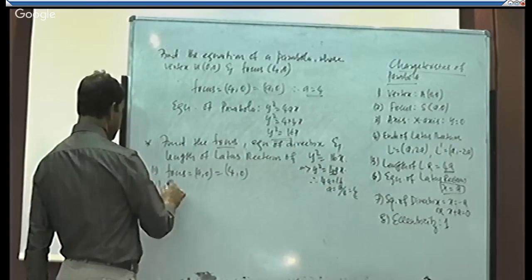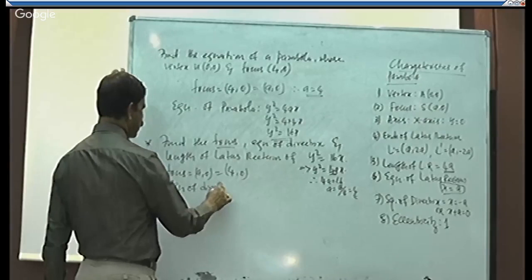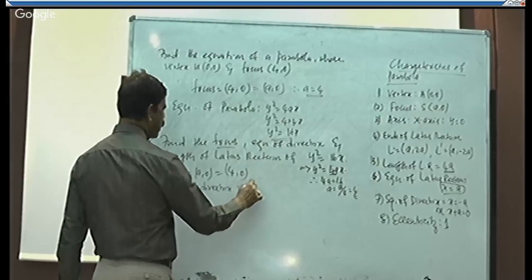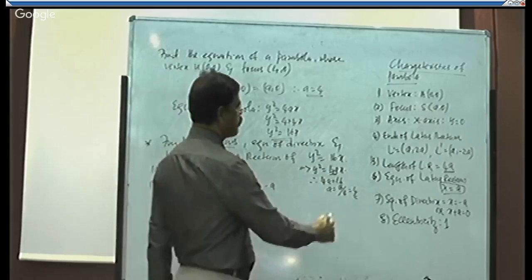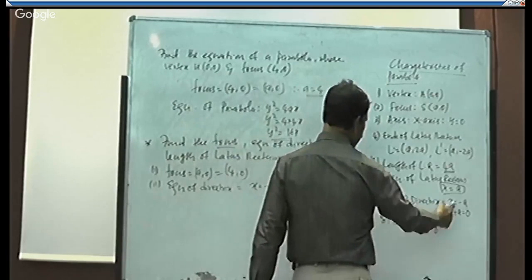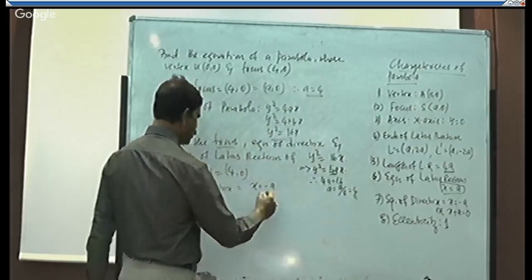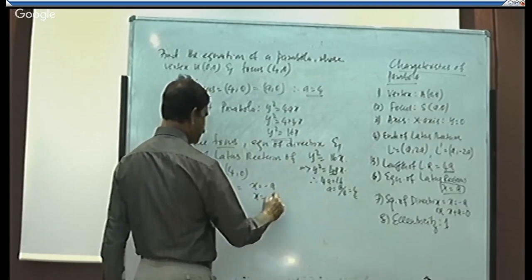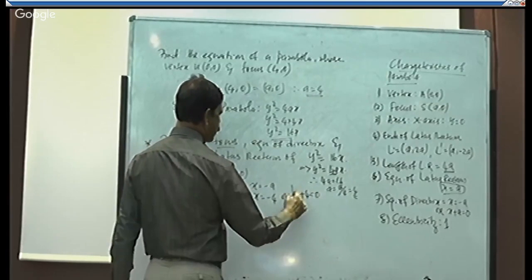Second one, equation of directrix. What is the equation of directrix? x is equal to minus a, correct? Equation of directrix, x is equal to minus a, or x plus a is equal to 0. Therefore, x is equal to minus 4, or x plus 4 is equal to 0.